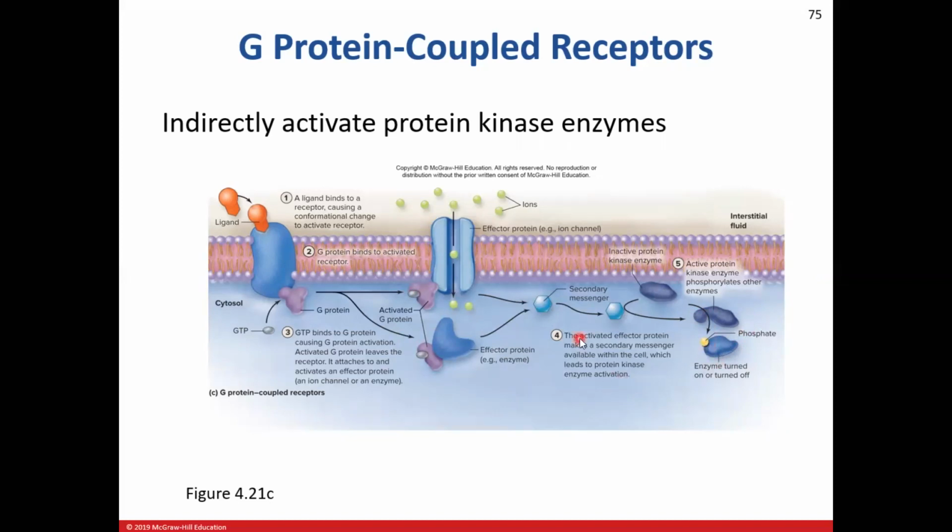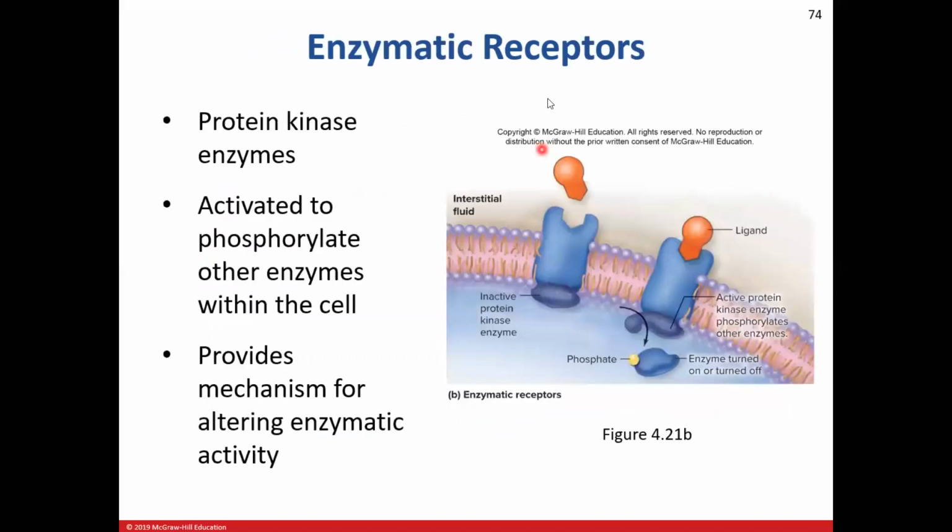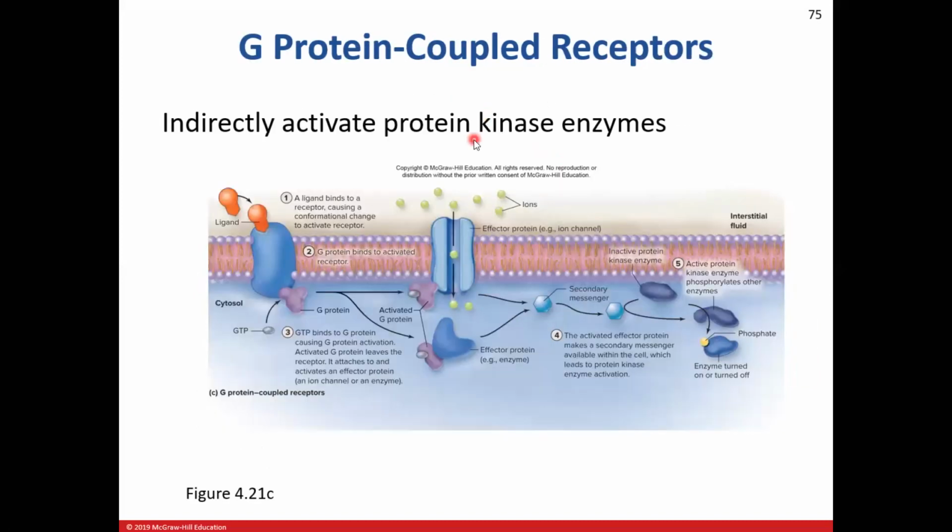So basically, we're looking at a very similar process with the enzymatic receptors and the G protein coupled receptors, in the fact that these two particular receptors essentially have an end goal of trying to turn on or turn off a particular enzyme, okay?